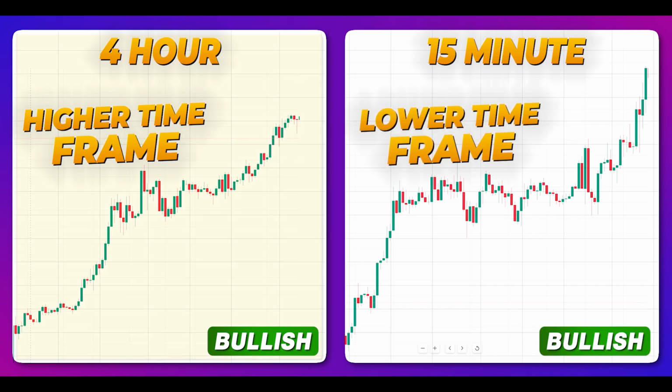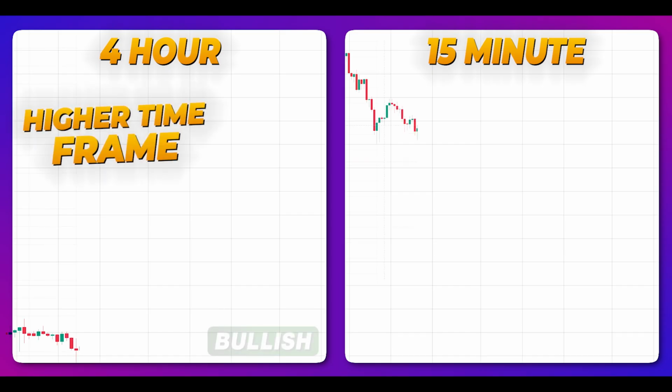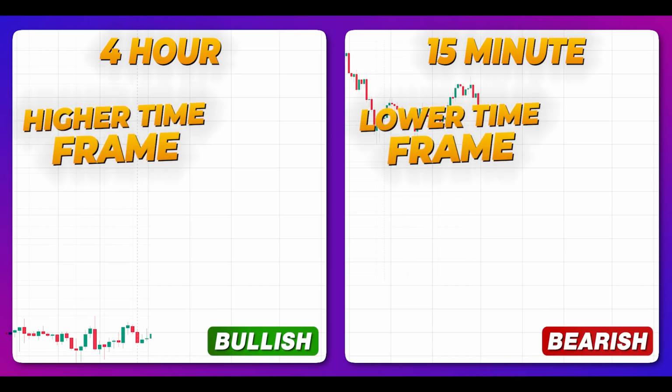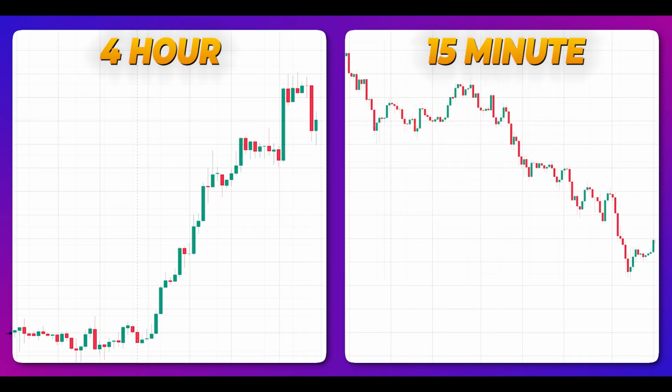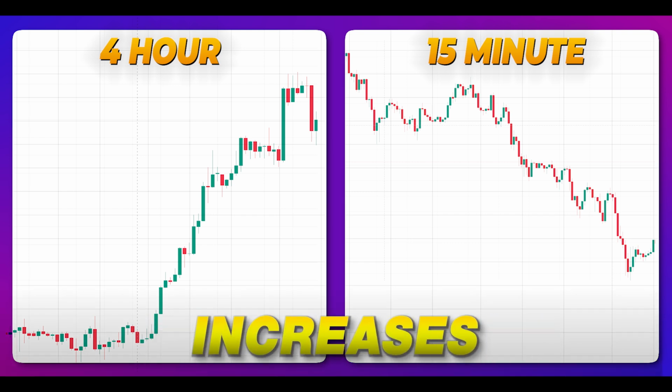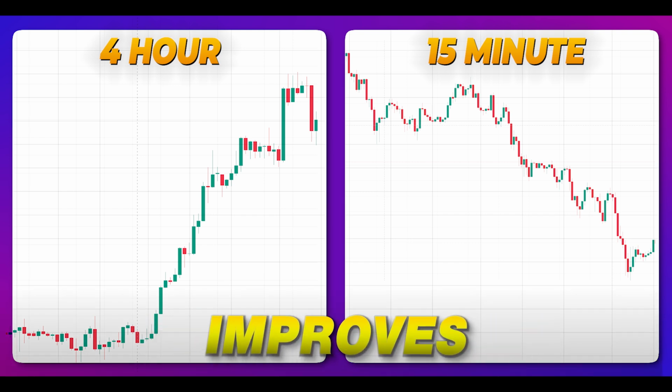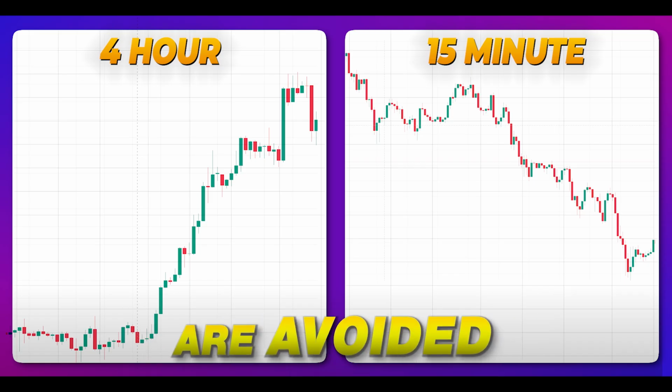When HTF is bullish and LTF is bullish, that zone becomes a high probability zone. But if HTF is bullish and LTF is bearish, this becomes a low probability zone, and taking trades there can trap you. By trading only in high probability zones, your accuracy increases, risk reward improves, and fake breakouts are avoided.